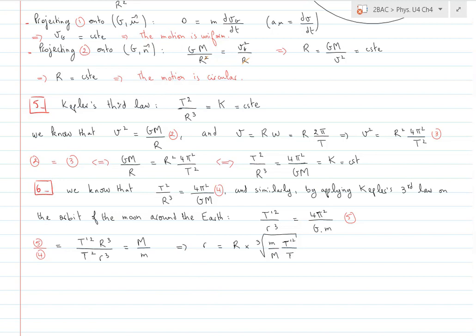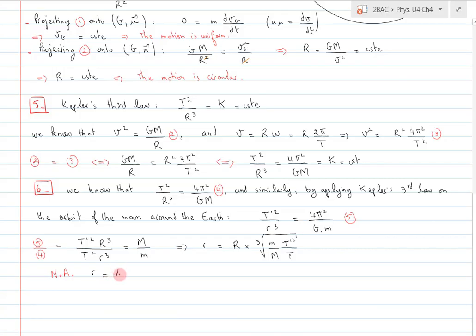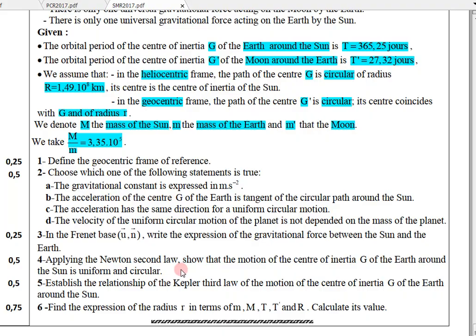Numerical application. So R is equal to 1.49 times 10 to the power 8 kilometers. Yes, indeed, the distance between the Earth and the Sun is approximately 150 million kilometers.